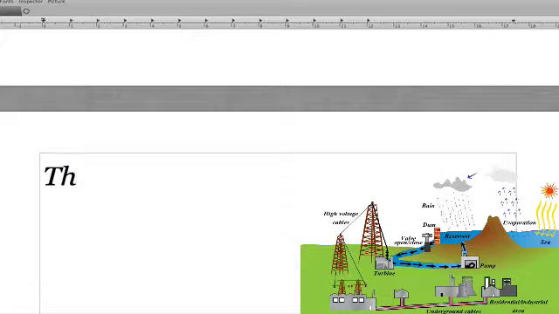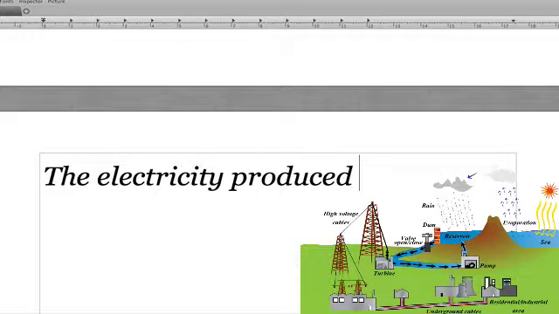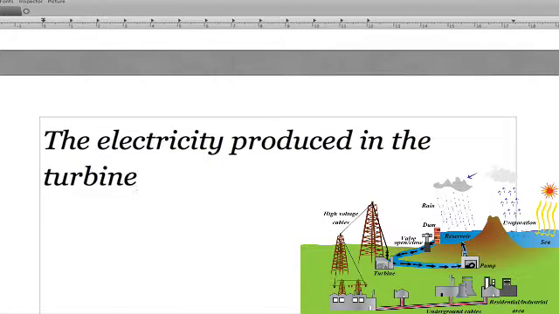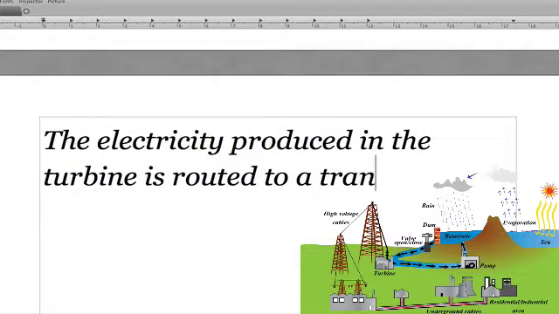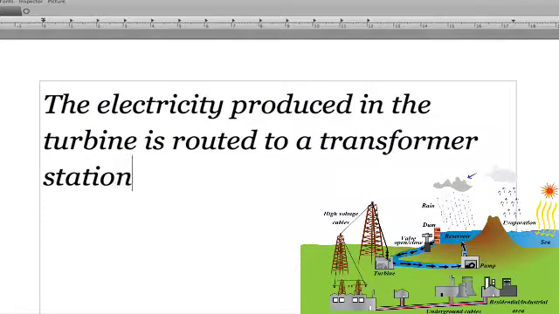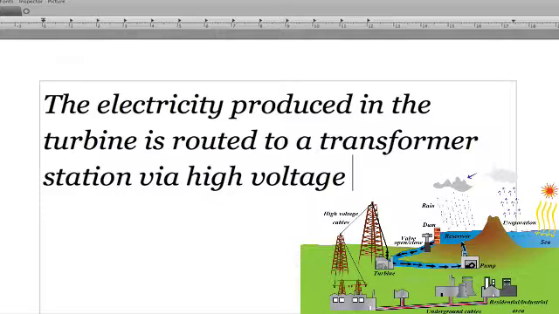So let's try something like: the electricity produced by or in the turbine is channeled, we could say, or maybe routed to a transformer station, and this is through or via high voltage cables.